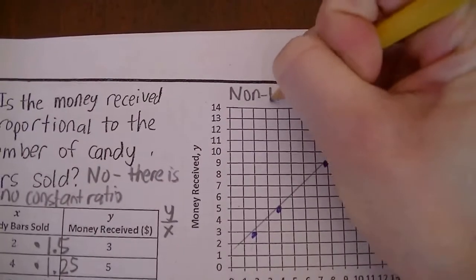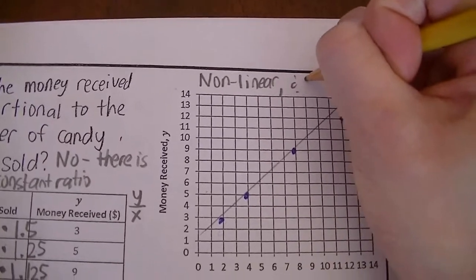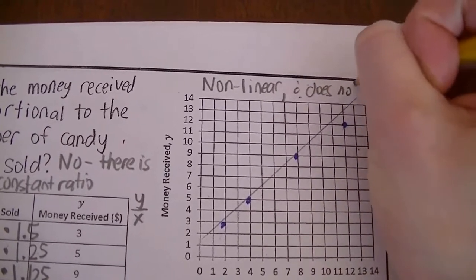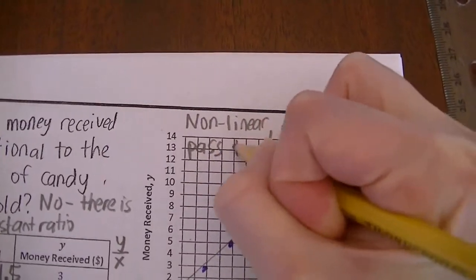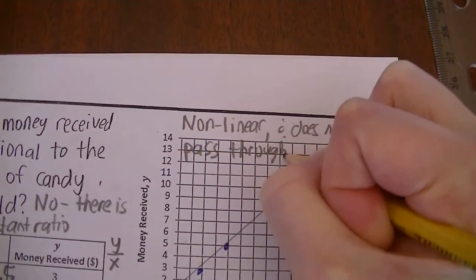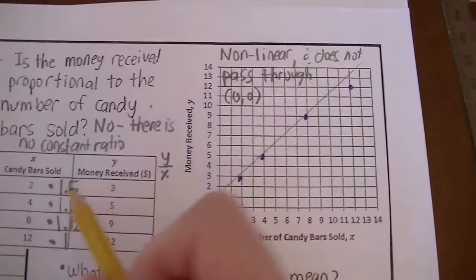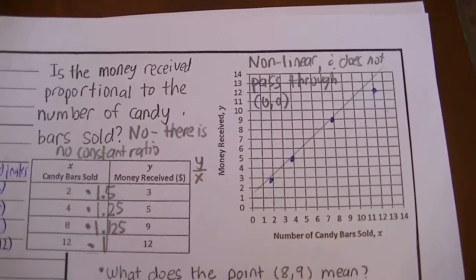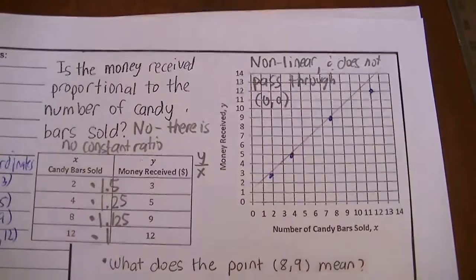You could say non-linear. And it does not pass through the origin. Another word for origin is 0, 0, okay? So this is not proportional, because for a graph to be proportional, it's got to be linear and pass through the origin. It's got to be both of those.